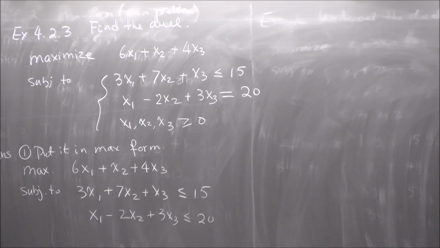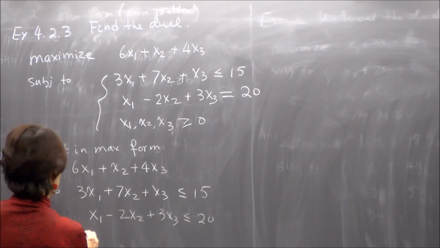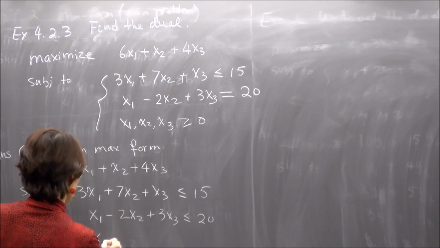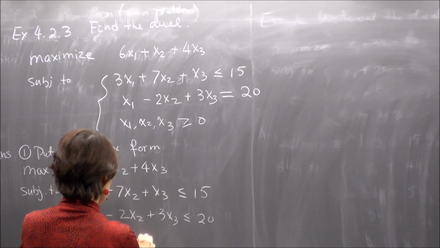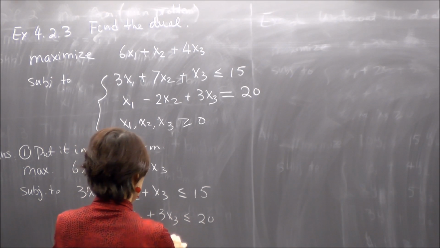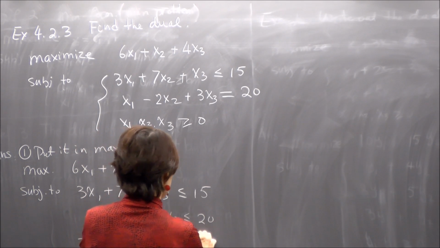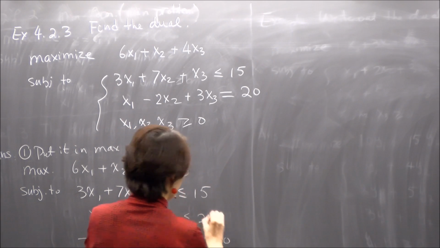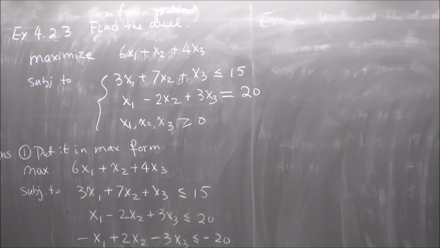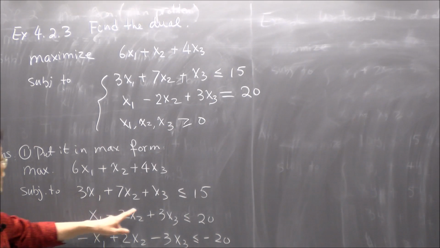And for the other one, I can multiply by a negative sign. I will have the following: negative X1 plus 2 X2 minus 3 X3 less than negative 20. Is that okay? So this is A less than B.